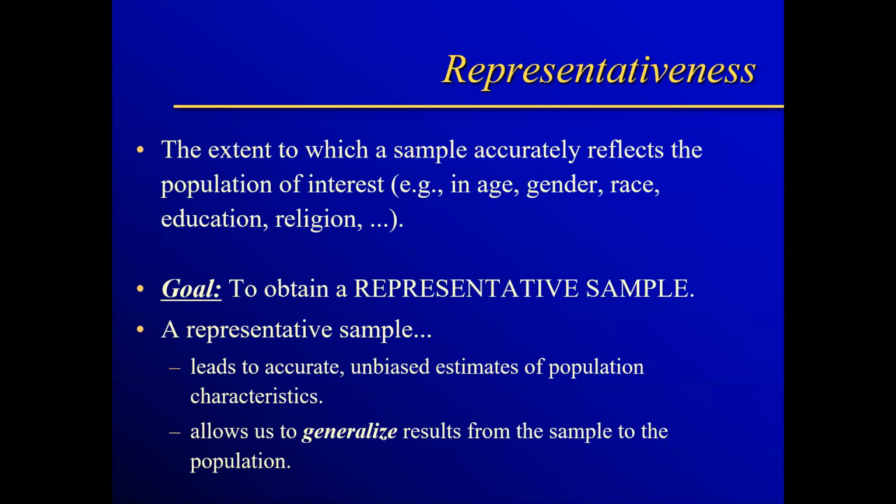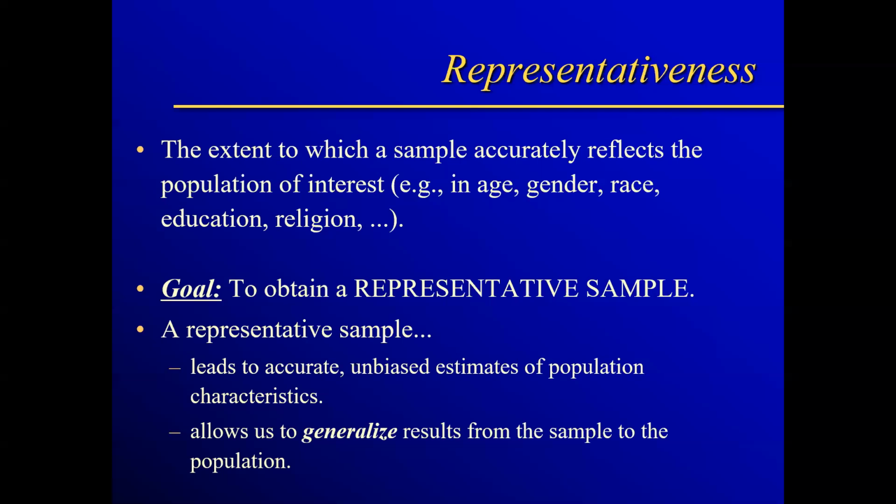It would allow us, before we even analyze our results, to be confident that this data that we collected from these 100 people represents our population. So let's keep on this idea of West Virginia. If I collect a good representative sample, I'll be able to say, hey, these 100 participants accurately reflect the average West Virginian.